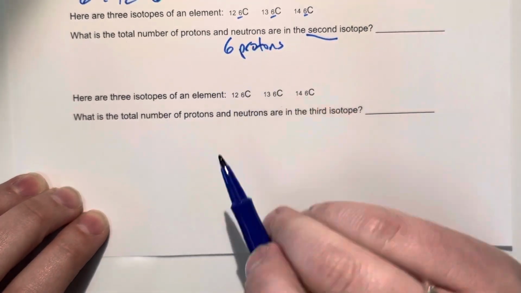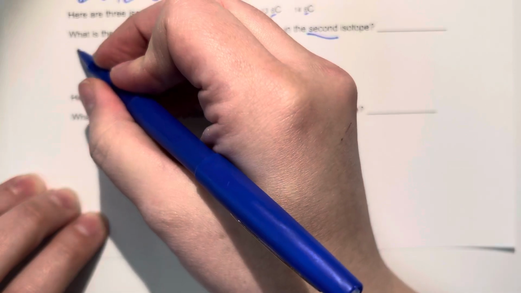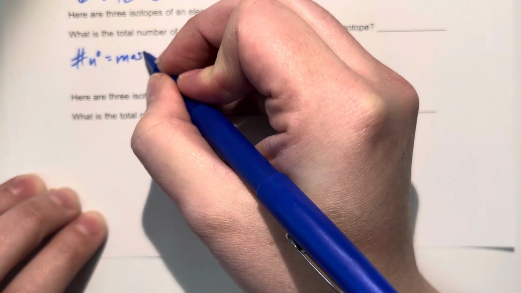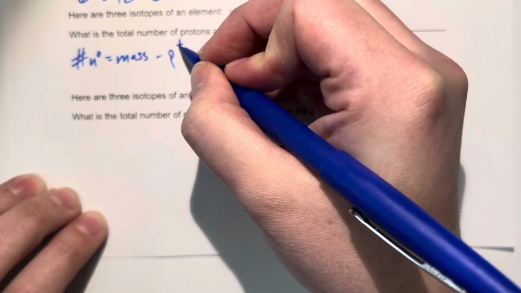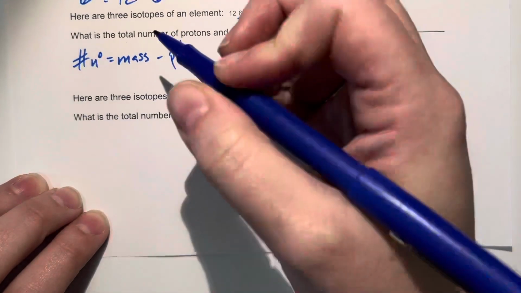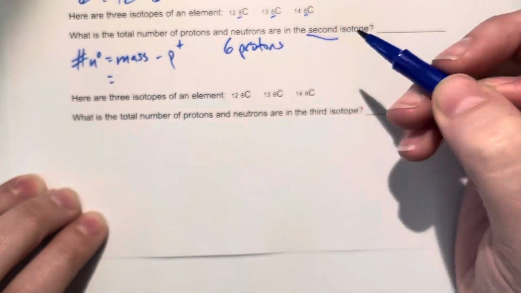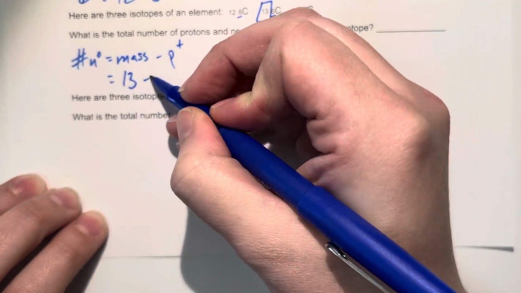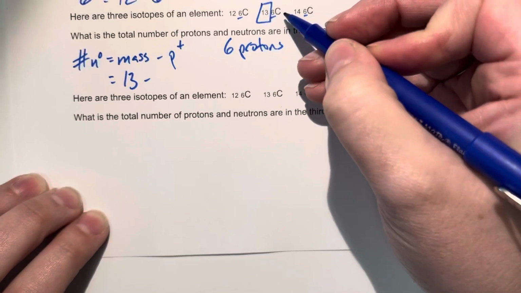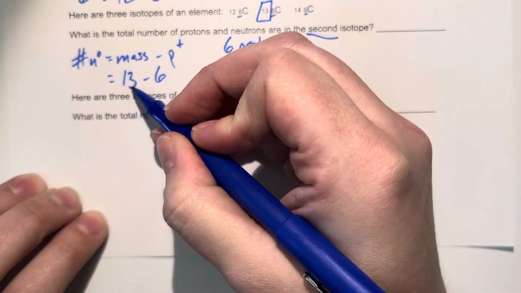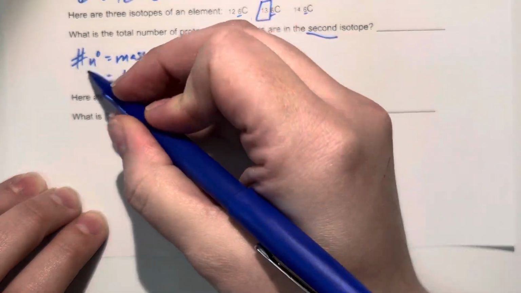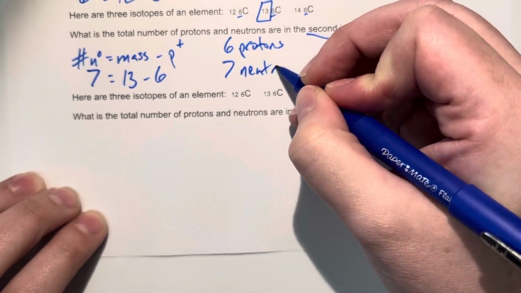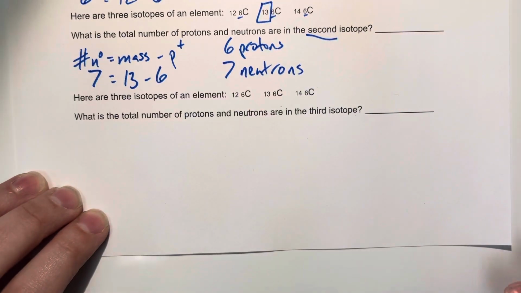And my number of neutrons is going to be my mass minus my protons. My mass for the second isotope is 13, minus my number of protons is 6. So 13 minus 6 gives me 7. So there are 7 neutrons in that isotope.